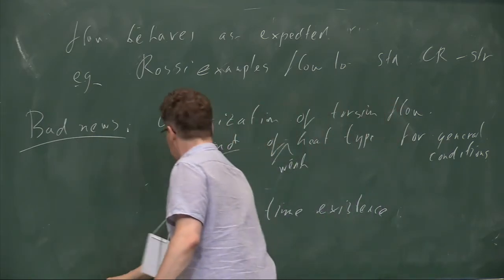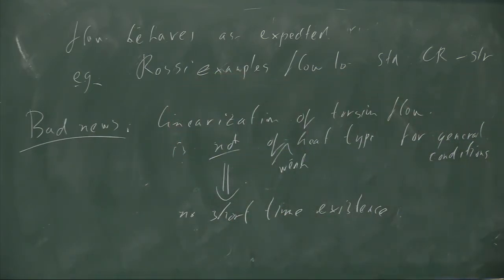And now, what can you do about this? Okay, you can cheat. One way of cheating is a proof, but it's kind of silly. You can restrict yourself to real analytic initial conditions, and then you have short time existence, but for silly reasons.